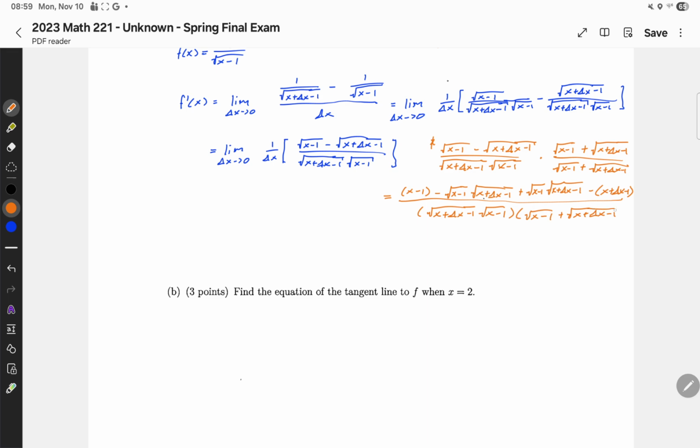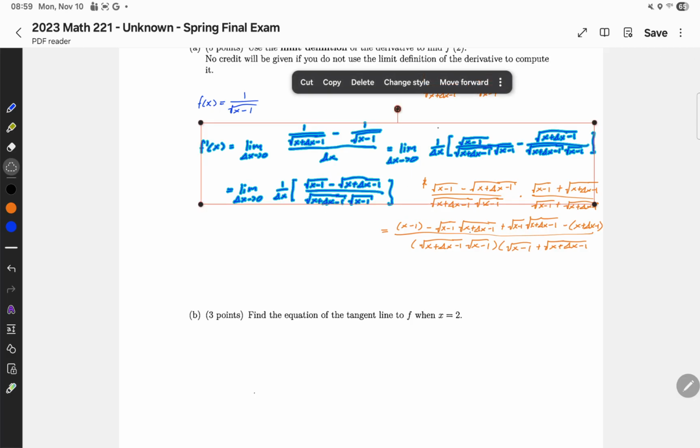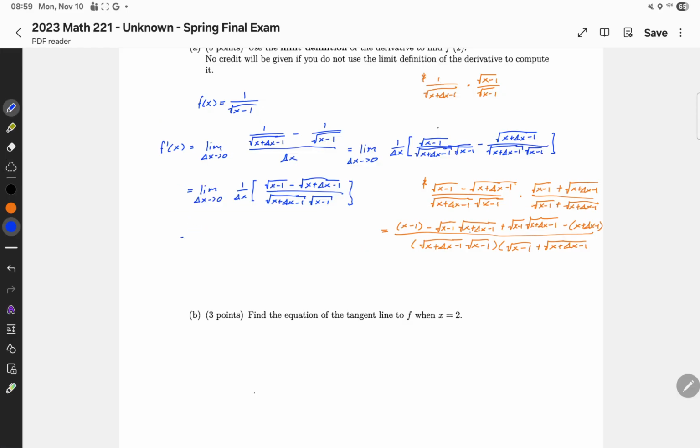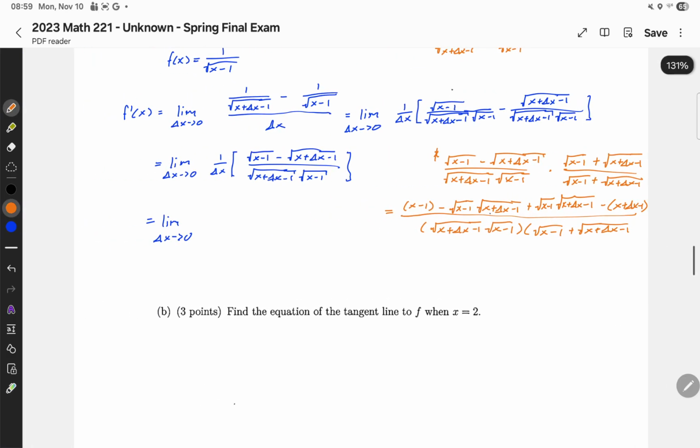All right, so let's go ahead and I'm going to move some of this stuff around just so I have a bit more space. Unfortunately, you can't do this on your test, so sorry about that. We have that this original limit is going to be equal to the limit as delta x approaches 0. Actually, while I'm here, let's go ahead and simplify. So when we look over here, right, this term is going to cancel with this term.